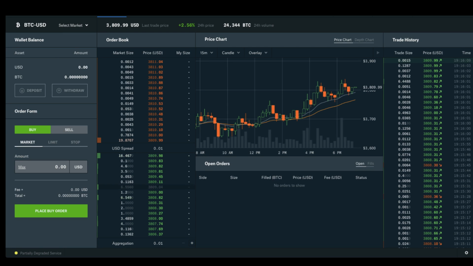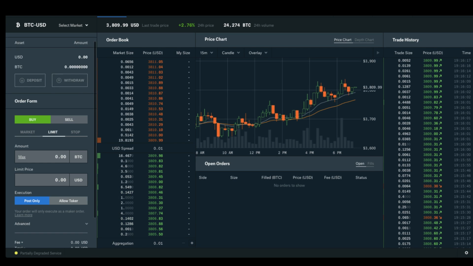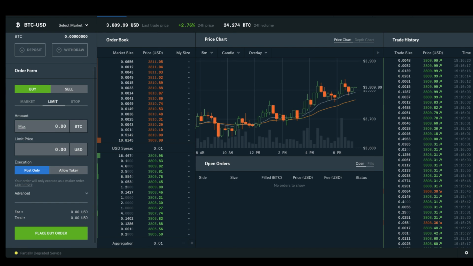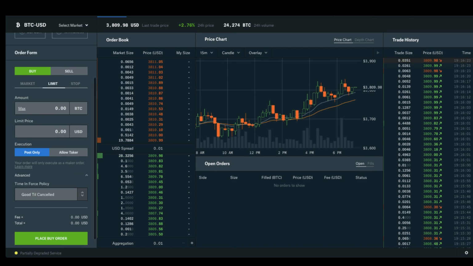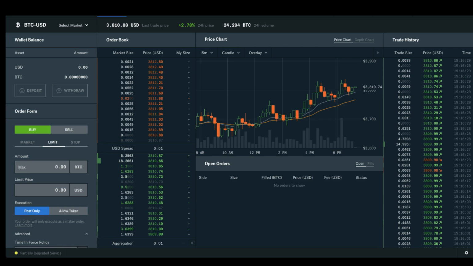Another good feature is that if you're doing limit orders, so by selecting limit, you're not going to incur any fees on those transactions. Market orders, which are basically market taker orders, do still incur fees. So if you're wanting to go free of charge all the way around, then you'll want to do limit orders.